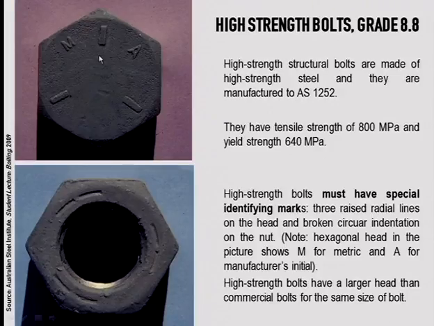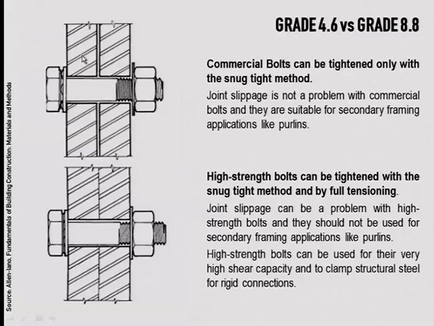You see, they are identified by these radial lines, and again there is this M that stands for metric. Here you see there is another slide just to synthesize that with these ones the snug tight method can be used, and with the high strength bolts you can use both tightening methods, right?